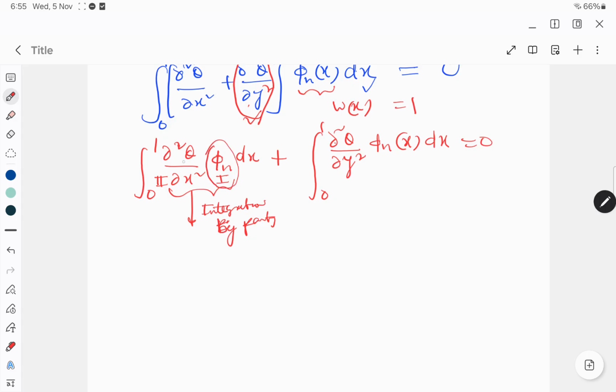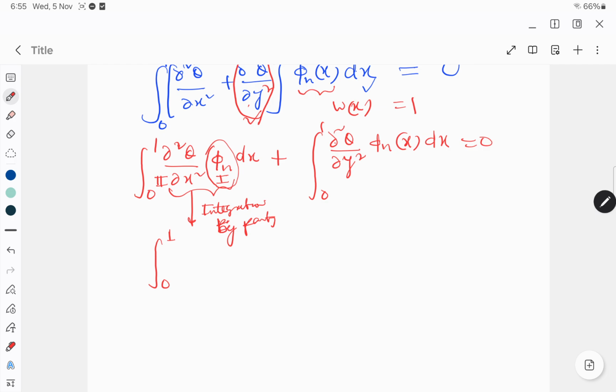We have taken this as the second function because del 2 theta over del x square you can integrate, and if you integrate you will get del theta over del x. Now we integrate from 0 to 1.